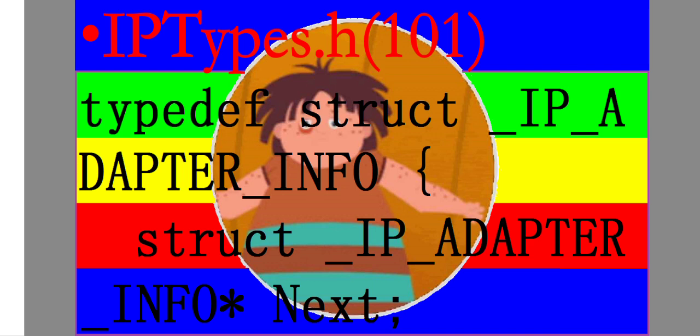Underline sometimes means global. _IP_ADAPTER_INFO { struct _IP_ADAPTER_INFO* Next; It's pointed to this struct.